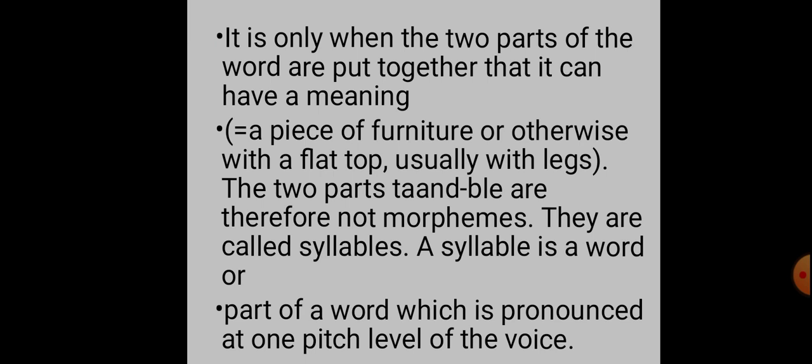It is only when the two parts of the word are put together that they have a meaning: a piece of furniture with a flat top, usually with legs. The two parts ta- and -ble are therefore not morphemes. They are called syllables. A syllable is a word or part of a word which is pronounced at a pitch level of voice.